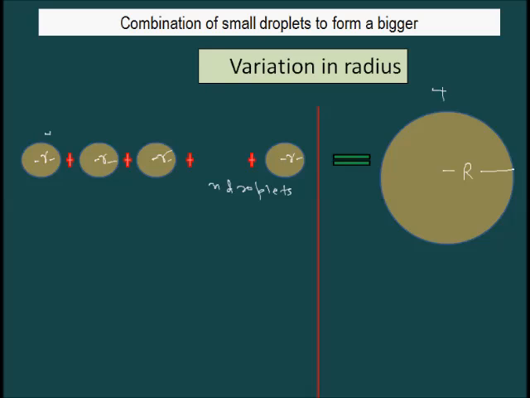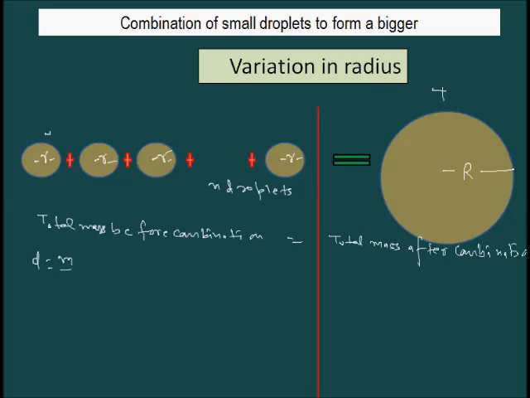Its new radius is R, because as per conservation of mass, the total mass before combination will be the same as the total mass after combination. We also know that density is mass upon volume, and mass is density into volume, because the material is not going to change. If the droplet is of water, again it will remain water. So the mass and density are the same. In this way the volumes will also be the same.